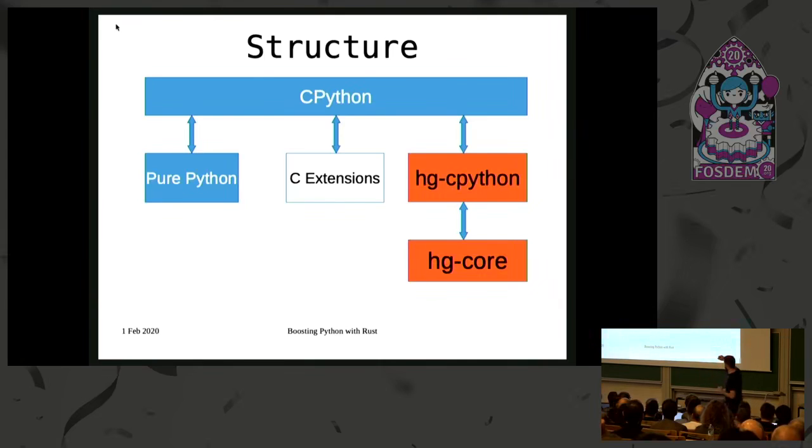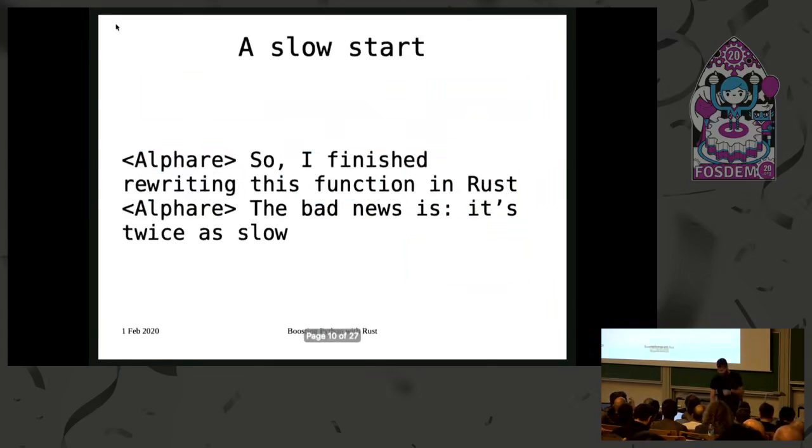The first one being hg-core, which is a standalone library that has no idea whatsoever that it's talking to Python. And hg-cpython, which is one of the crates that can glue hg-core to a Python executor. It's the main one that we're working on because CPython is so common. And yeah, that's the structure.